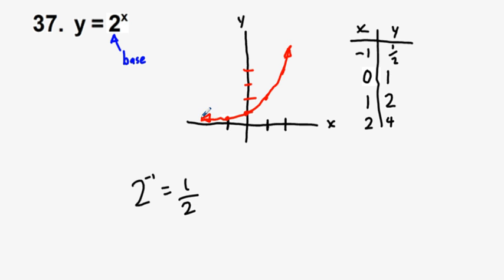And where is this function bounded, if anywhere? Well, the function is bounded below, because the function will never cross, as we go to the left, this x-axis. So we'll say bounded below.